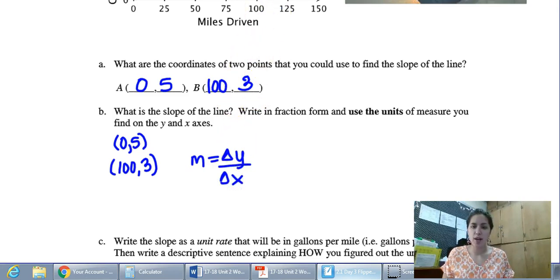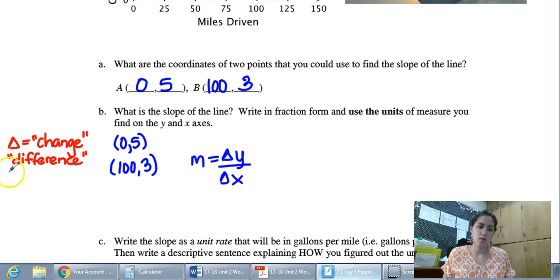And we've seen this little triangle in our notes, but we haven't actually talked about it for real yet. So in math, this triangle means change, which is another way of saying difference, and is connected to subtracting.